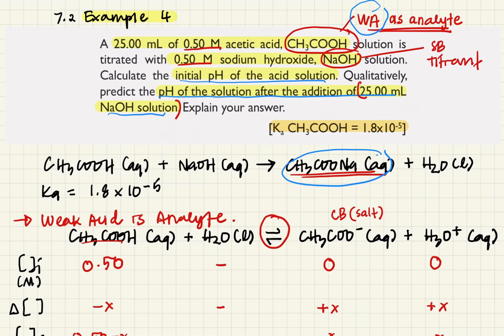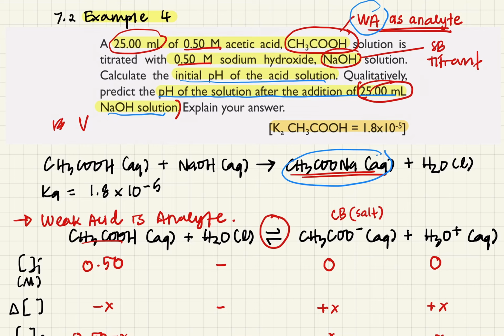That means that 25 ml of acetic acid will be neutralized completely by 25 ml of NaOH.